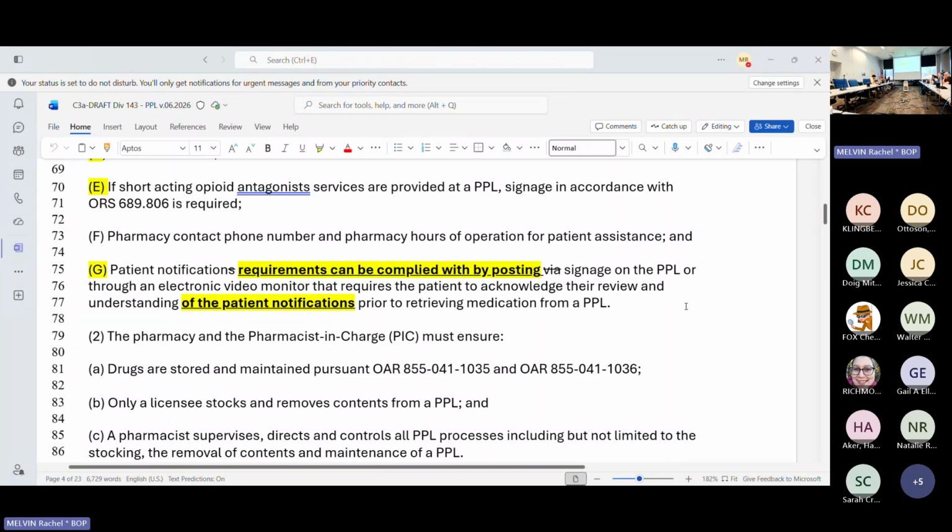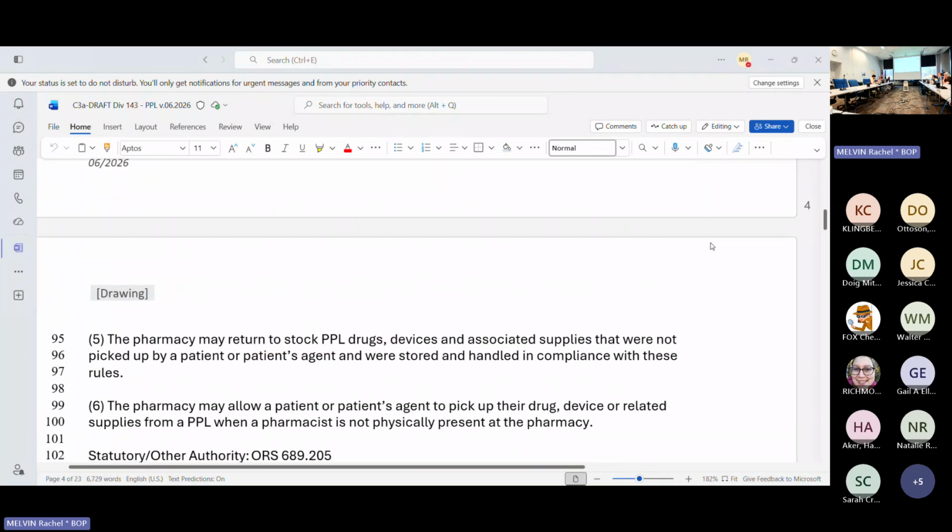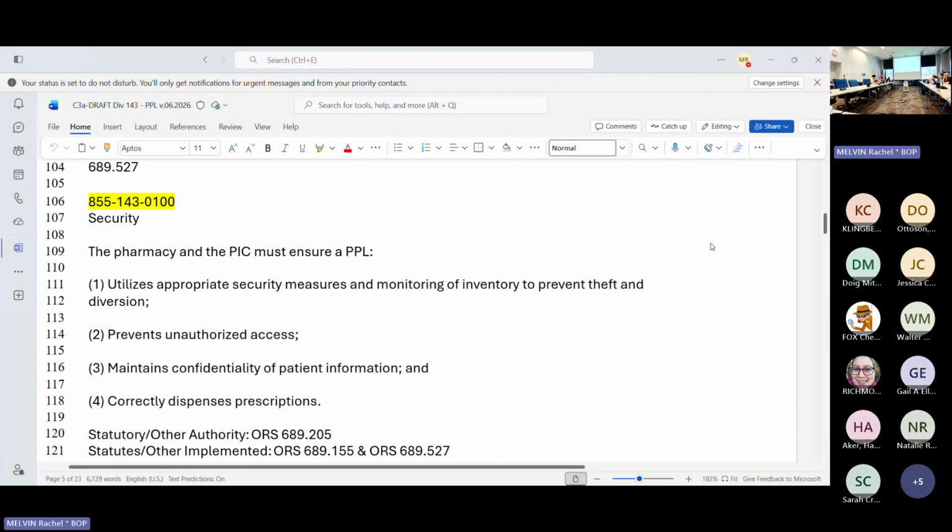All right, then we will move on to the next set of rules. Just for clarity for the public, I believe in the mailing that went out there are a bunch of different divisions that are being struck. So I wanted to pause for a moment to let you know how it will be listed potentially for when the rules hearing happens.